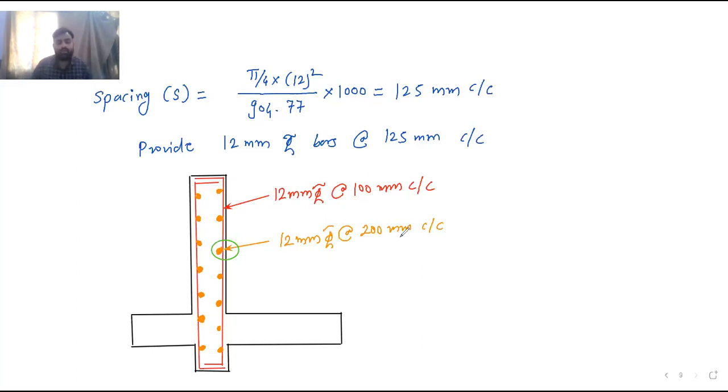So now, what is the main steel in heel slab? Let me know the main steel in the heel slab. That bar I am going to draw here right now.